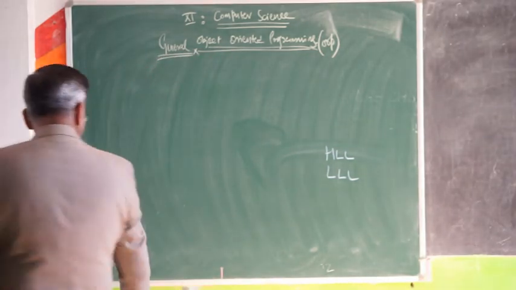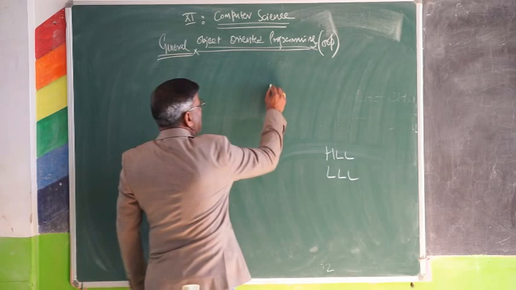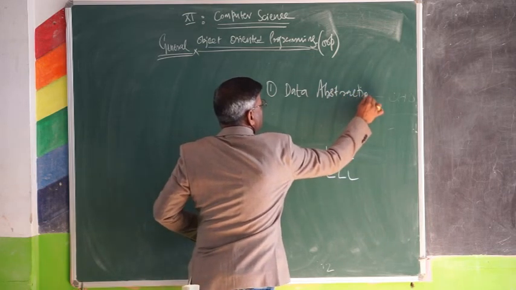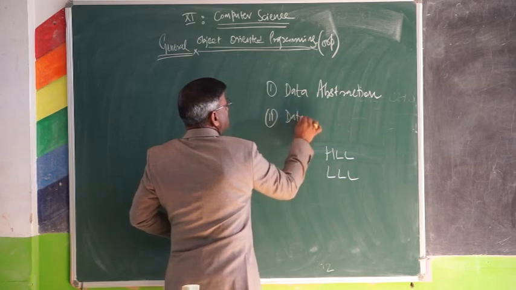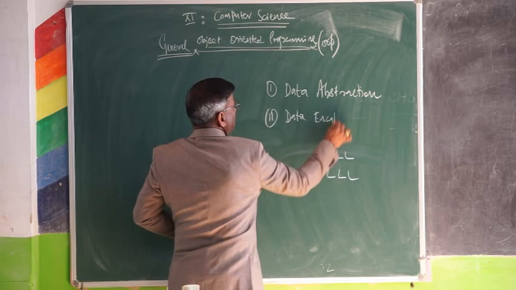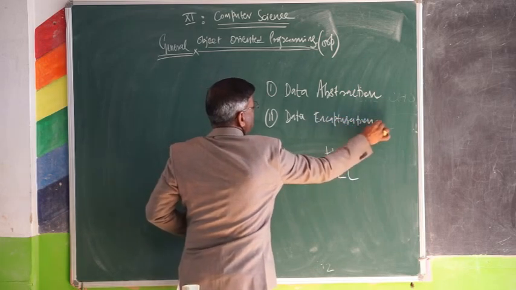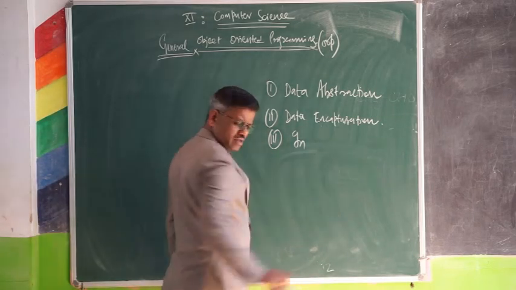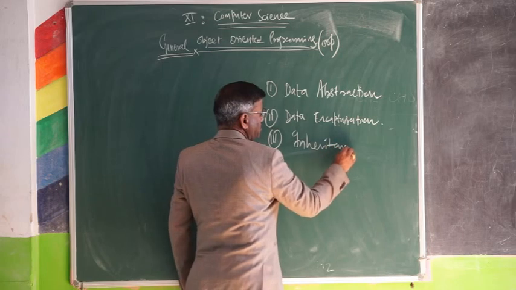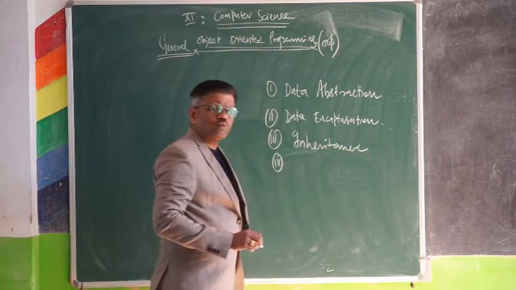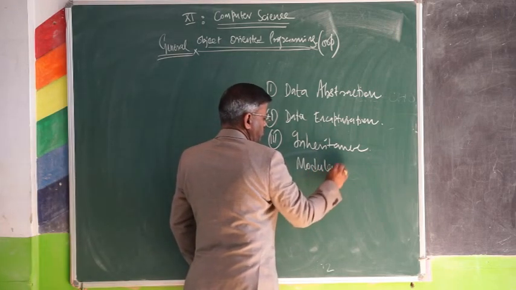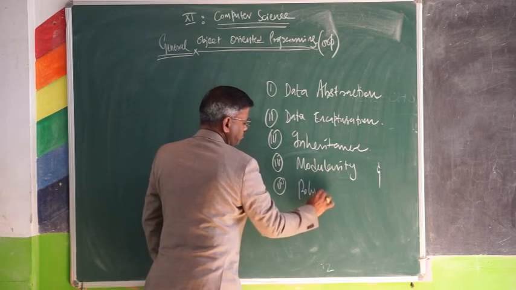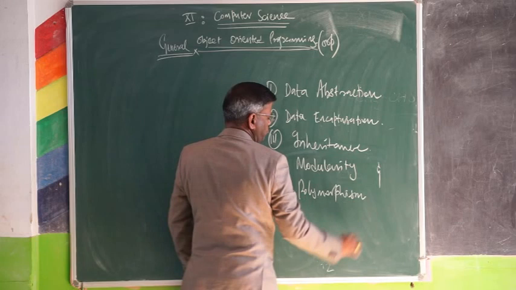Okay. To call a language object-oriented programming, it should have five qualities: number one, data abstraction; number two, data encapsulation; third one is inheritance; fourth one is modularity; and fifth one is polymorphism.